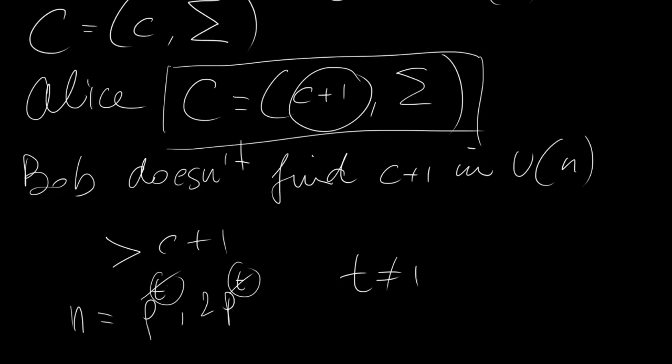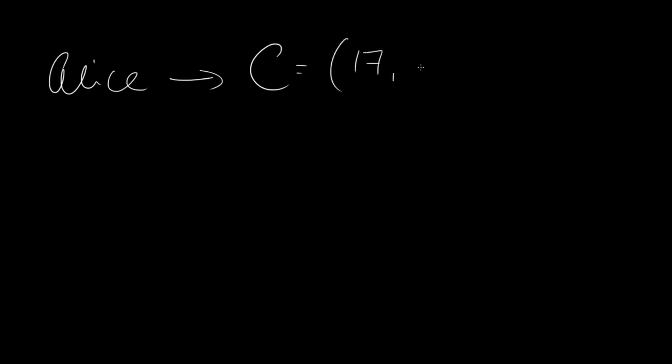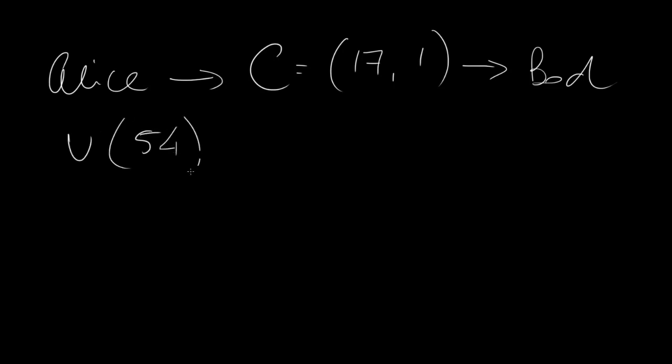So this is a trick that we found pretty and very easy. Let's make a very quick example using the one we already have. Alice is sending c equal 17 and 1, remember, to Bob, and this was generated in U54.